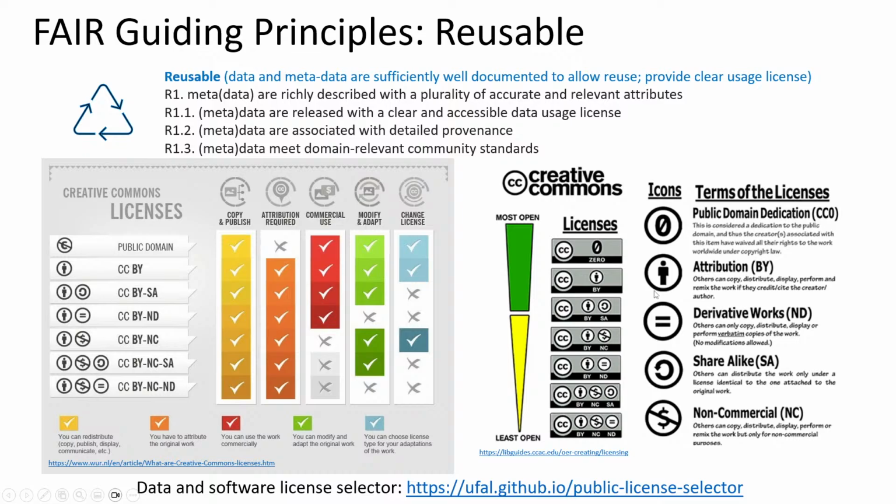Share alike means you are not allowed to change the license. I have this under a certain license; you can reuse my data, but you're not allowed to change the license. You can have BY-ND, where ND means no derivative works, so no modification is allowed. If you want to use the data or code, just use it as is. And so on and so forth.